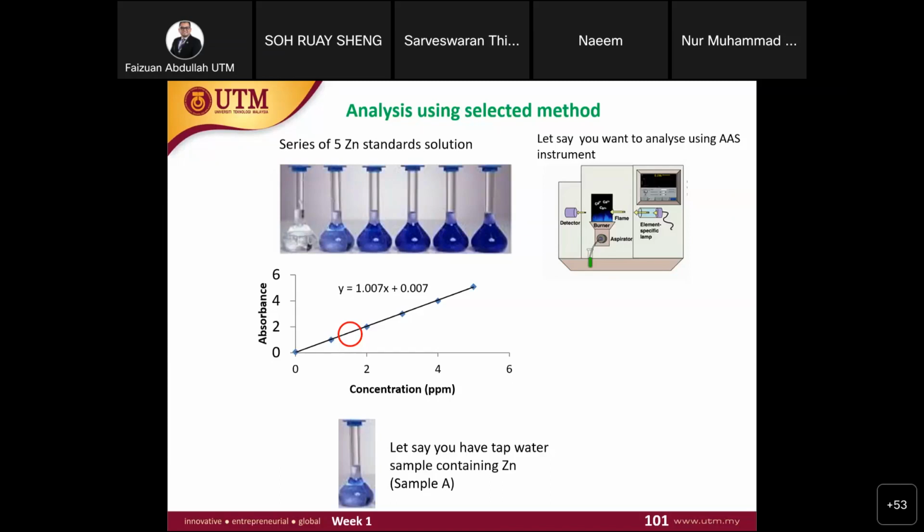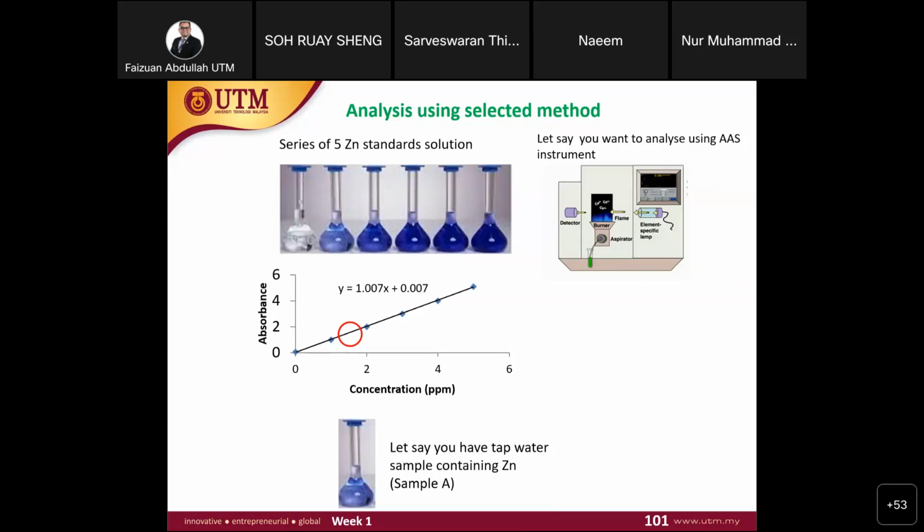So it is not the concentration, it is only the response. Let's say the instrument is based on light. So the instrument only knows how much energy is absorbed by the sample when it supplies some energy. And the instrument cannot tell us directly the concentration because it doesn't know how to calculate the concentration.